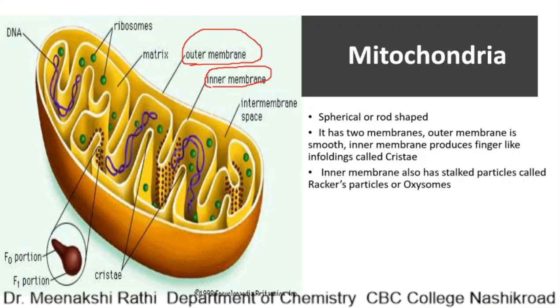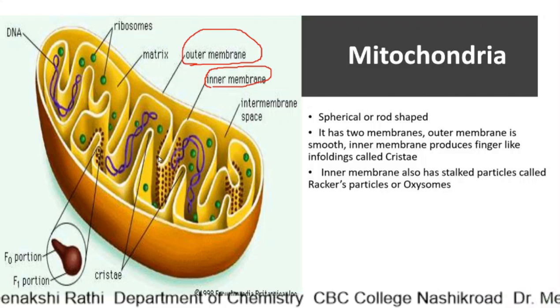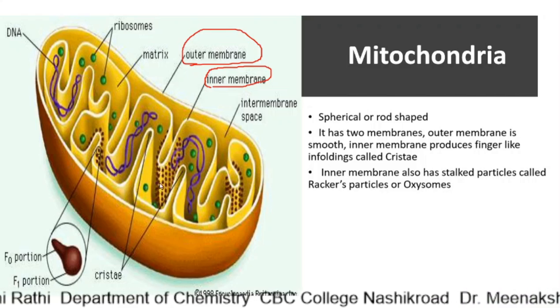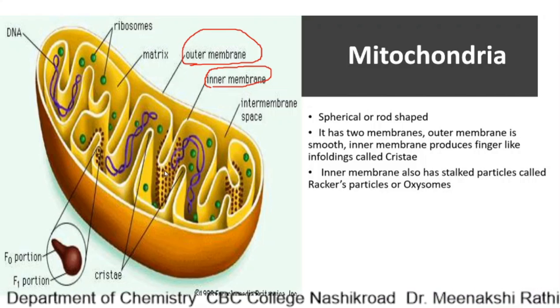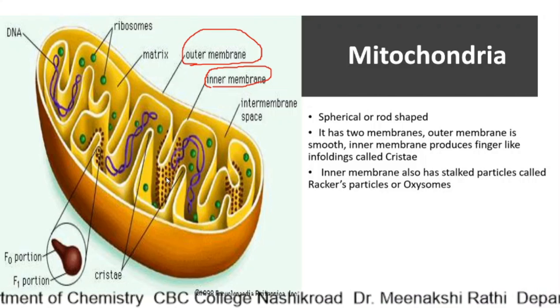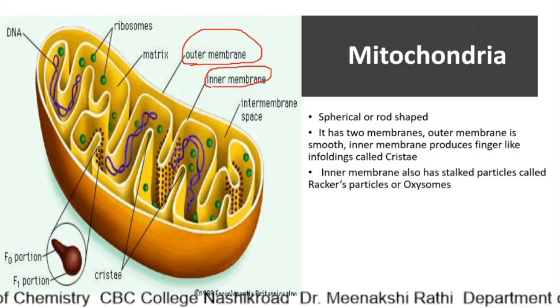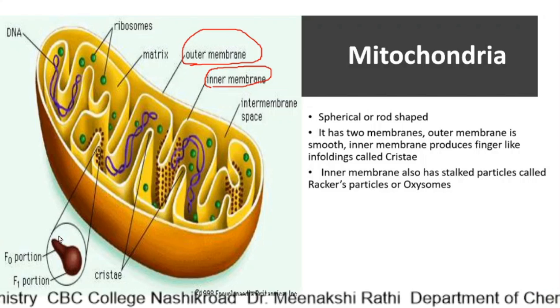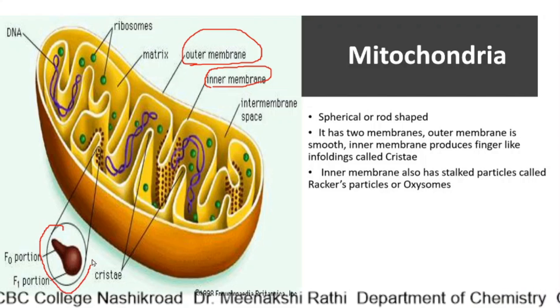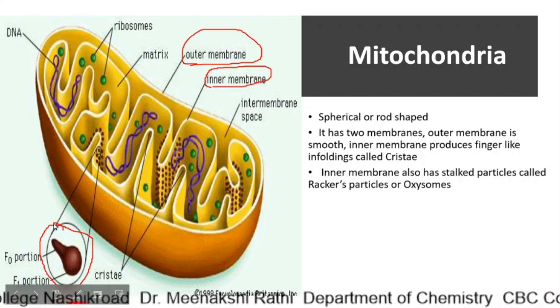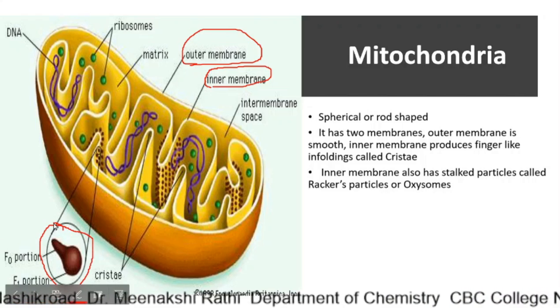Inner membrane also has, you can see here, stalked particles, these small brown particles, which are called Racker's particles or oxysomes, and these are involved in the electron transport chain.